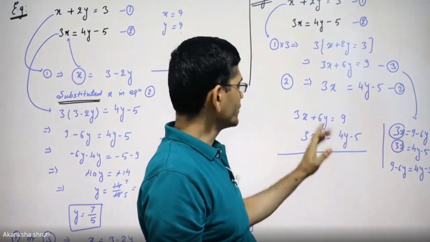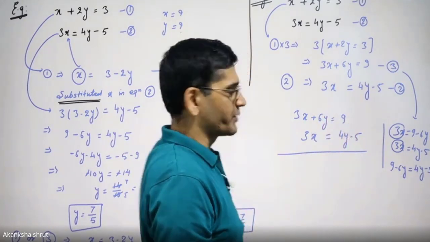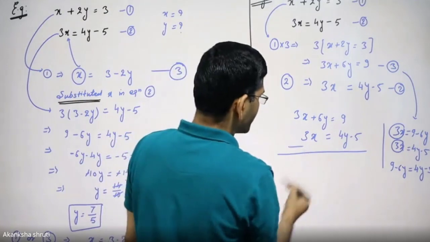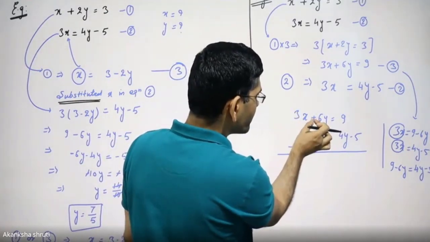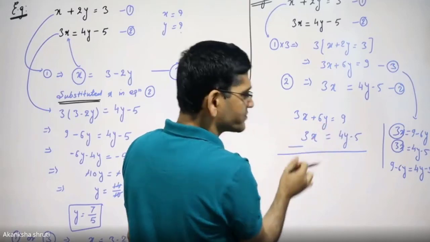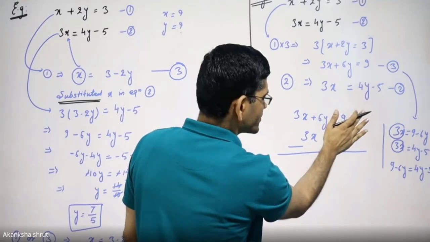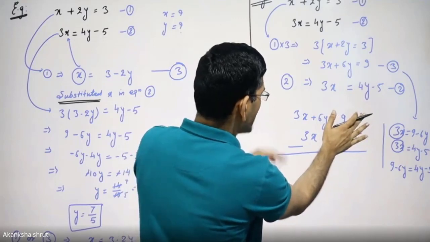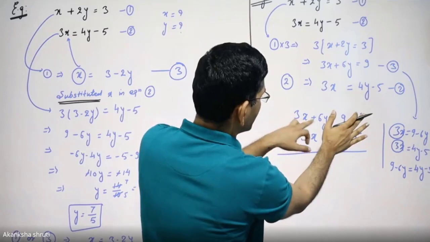What is on the left of the equal sign is operated with the left, and what is on the right is operated with the right. Go for subtracting. Means from this left hand side we have 3x plus 6y minus 3x, and right hand side for a moment you just forget it. It simply means you have to subtract this 3x from this 3x plus 6y.